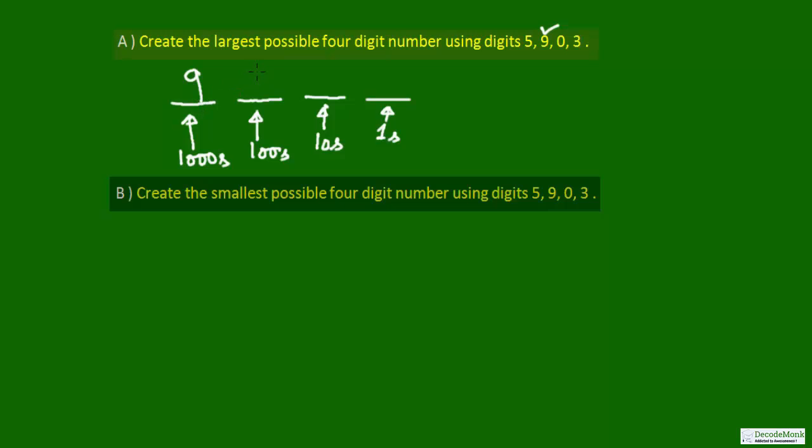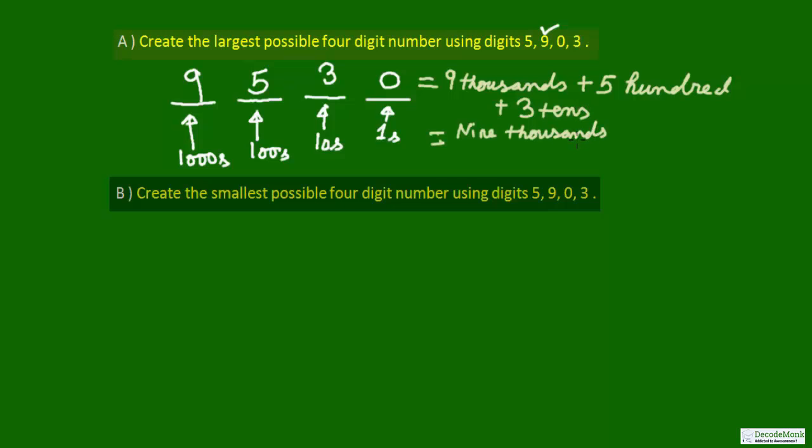Next we put in the hundreds place the next largest number, which is 5, and by the same logic we will have 3 tens and 0 ones. So the largest possible 4-digit number formed is 9500 plus 3 tens.